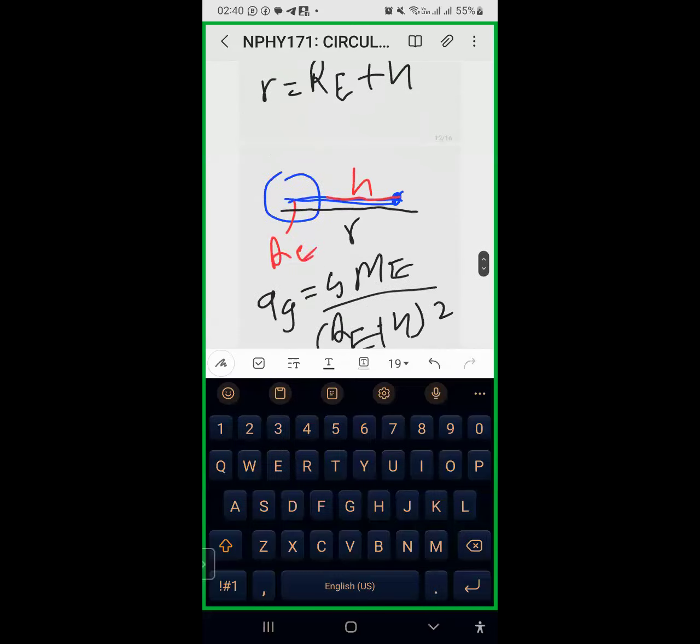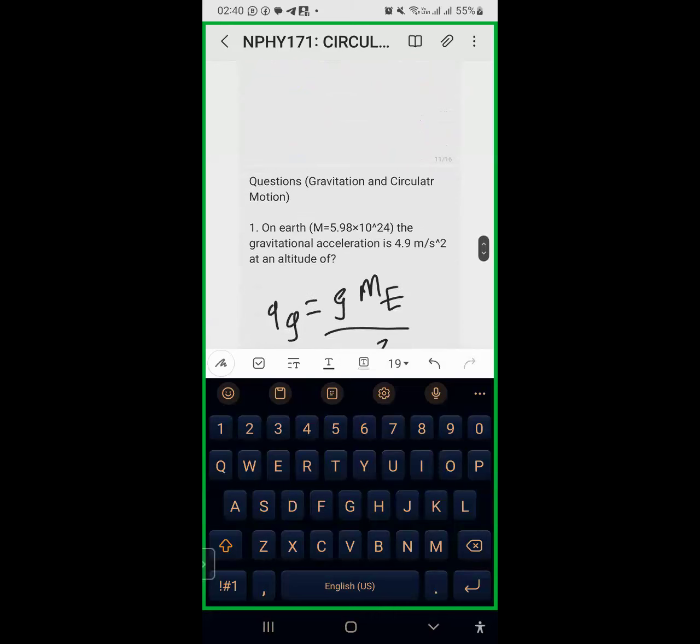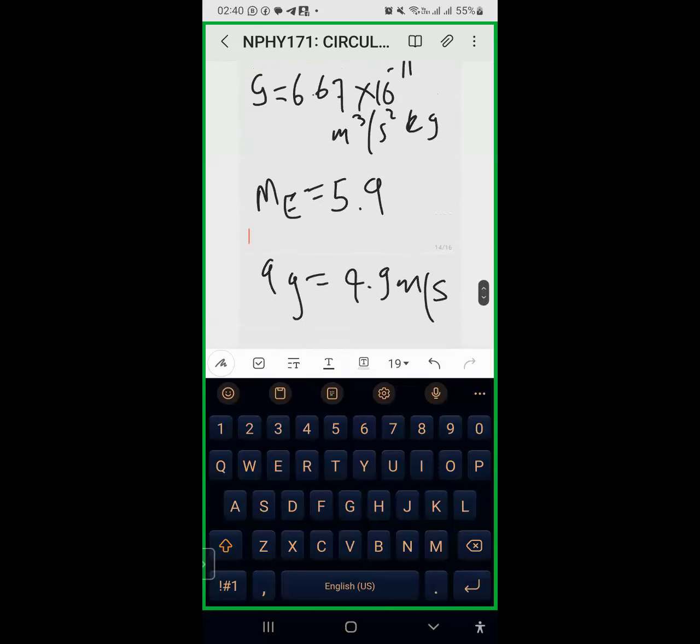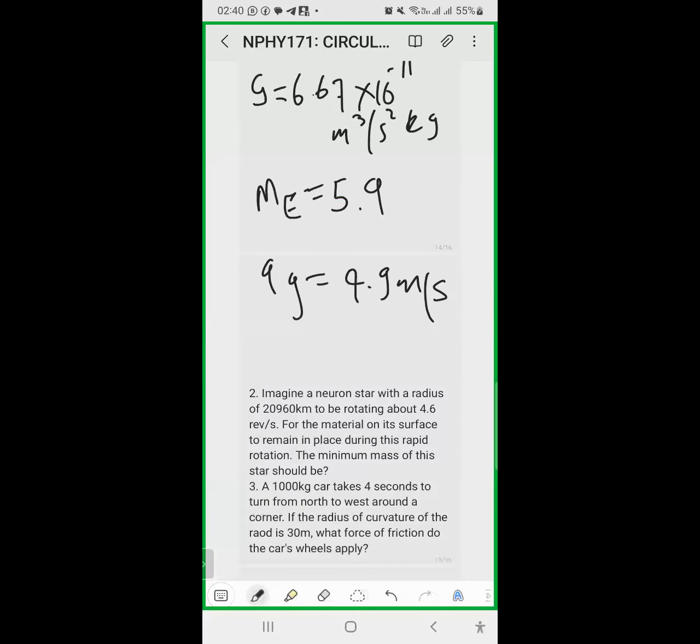Then the mass of the Earth is also given to be 5.98. Is it 5.98? Yes, 5.98 times 10 to the power 24 kg. So now we also have the radius of the Earth. It's just a constant RE, and it has the magnitude of 6.37 times 10 to the power 6.